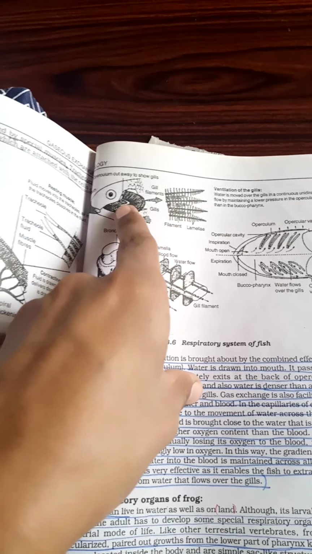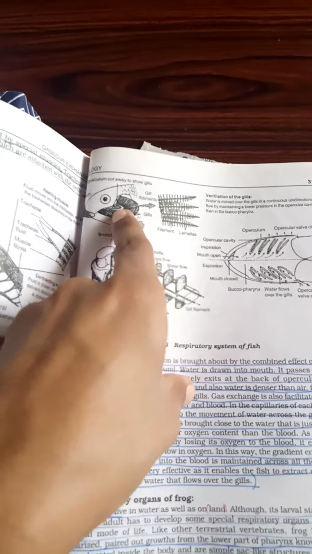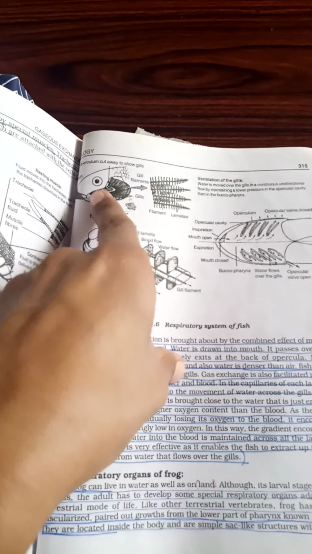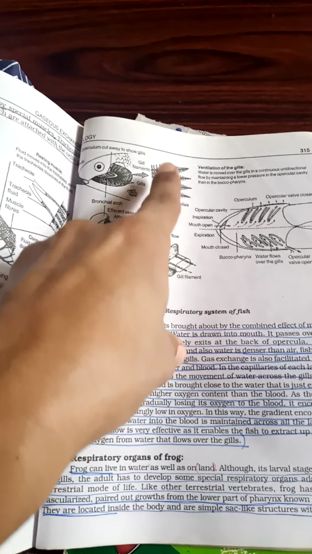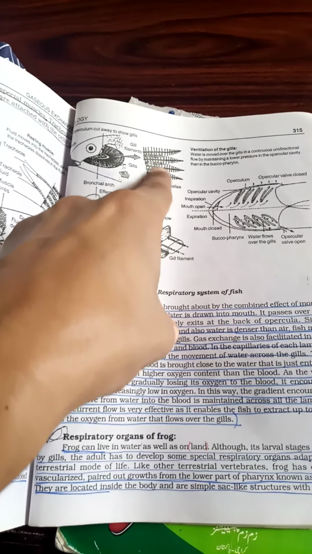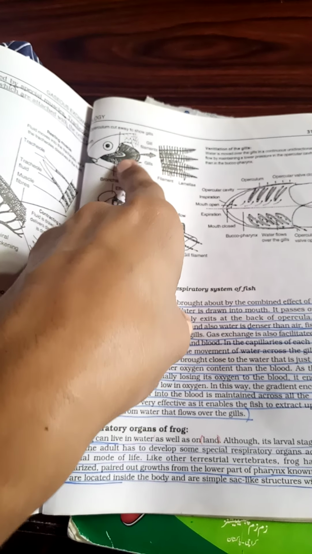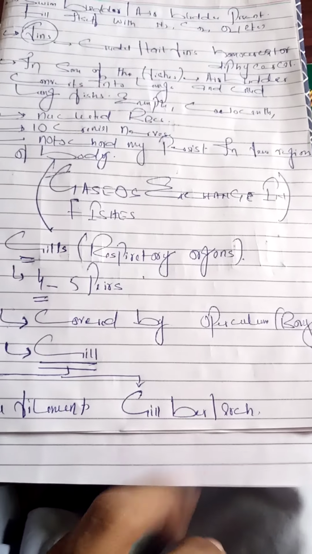This whitish thing in the center is the gill bar or gill arc, and these around it are gill filaments. We have taken 4 filaments here, but there are many filaments arranged in rows. Okay, we will discuss them.